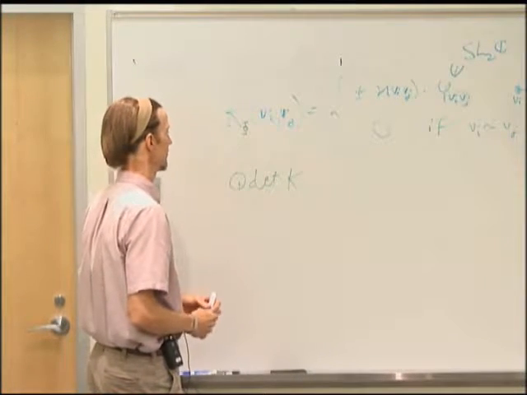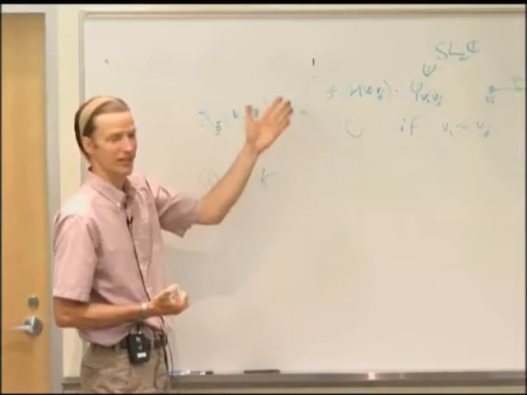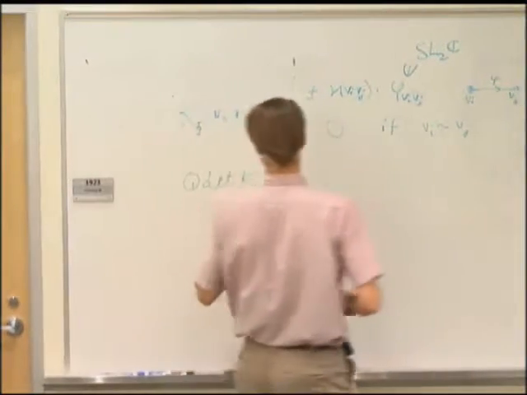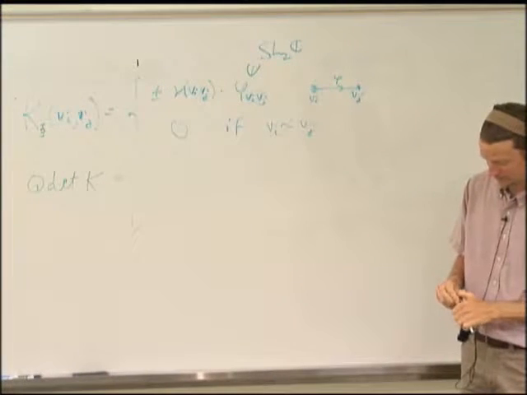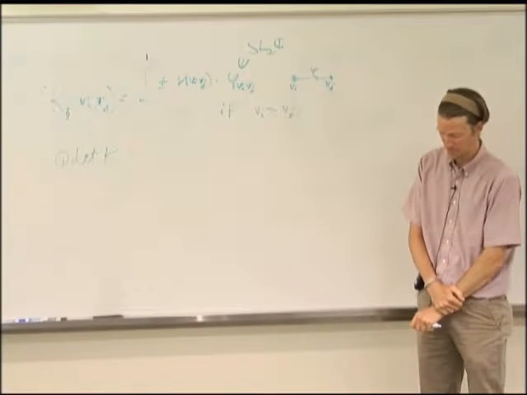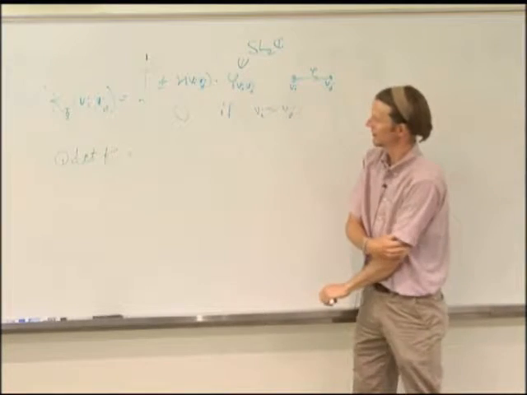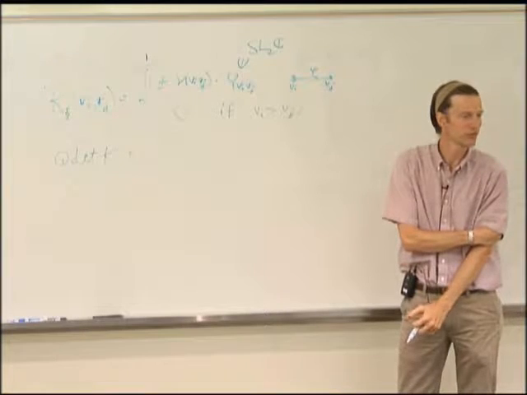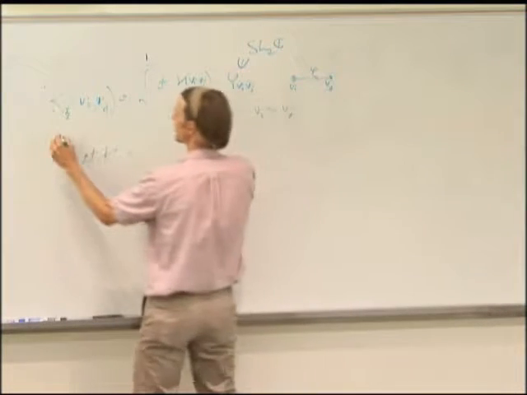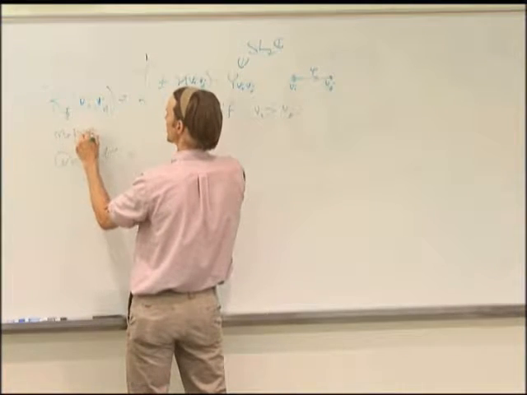So this is a matrix with entries in SL2C, and then the Q-determinant. I'm not sure who this notion is due to, but you can read about it in Mehta's book on random matrices.